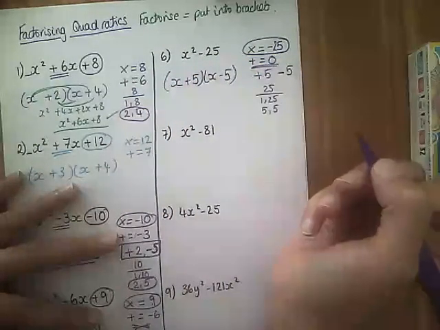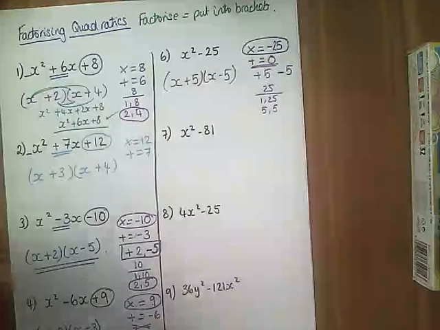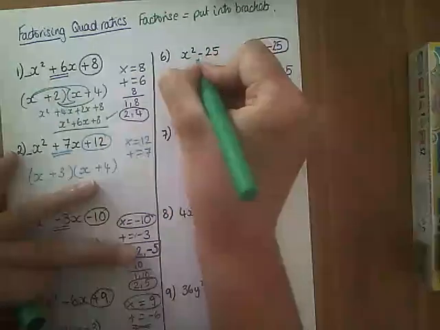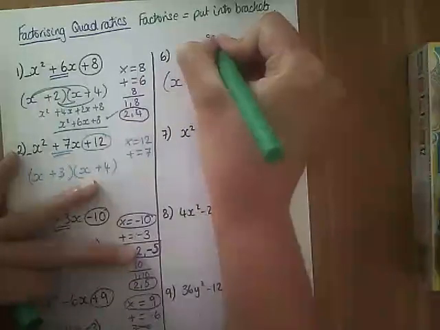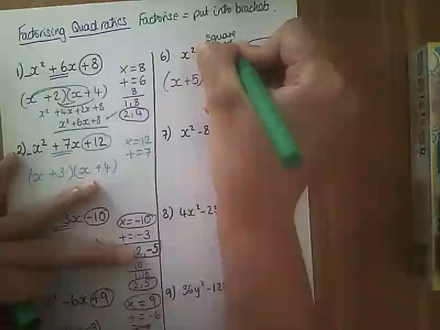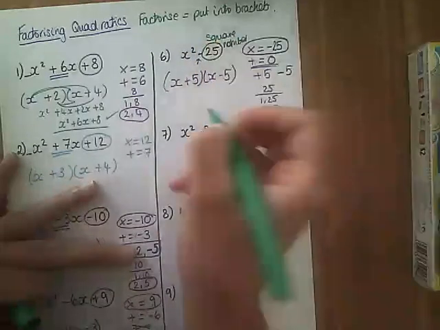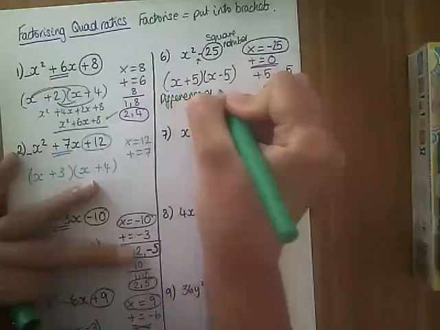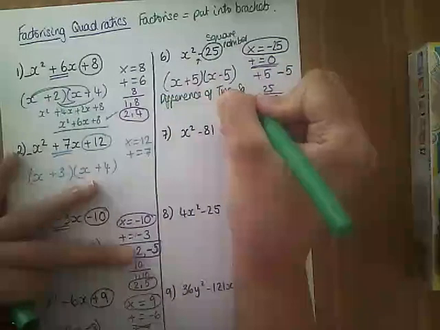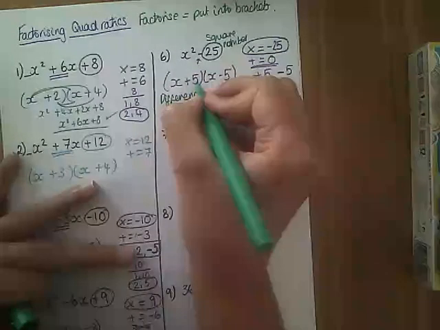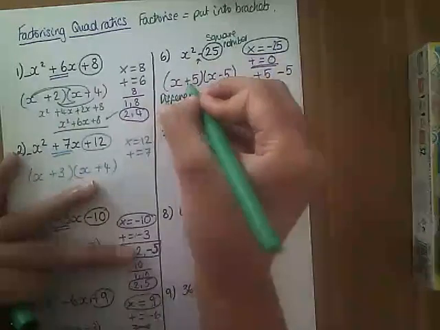Okay, now this is actually what we call a special case, and the special case is because if you have a minus here and this is a square number, it is what we call the difference of two squares. Okay, the difference of two squares basically means you square root this number, which is 5, one's plus and one's minus.